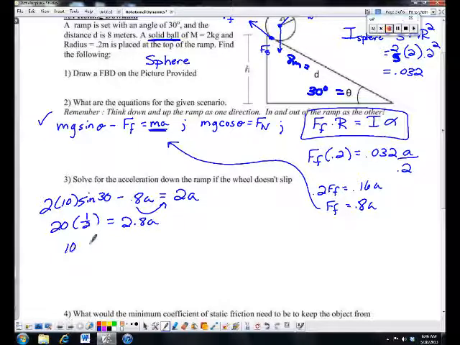So that's 10 equals 2.8A. Divide by 2.8. So I take 10 divided by 2.8, and I get an A of 3.57 meters per second squared.